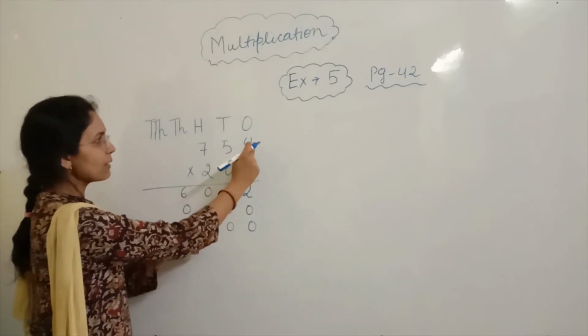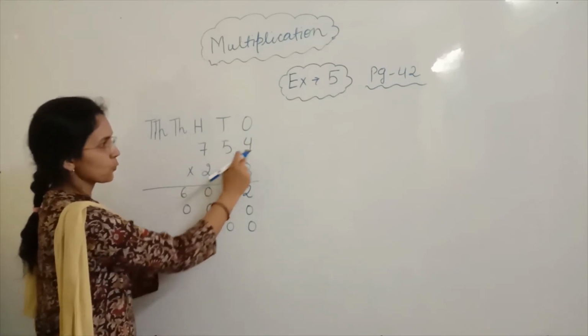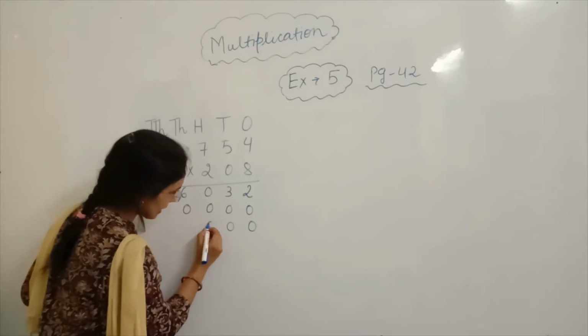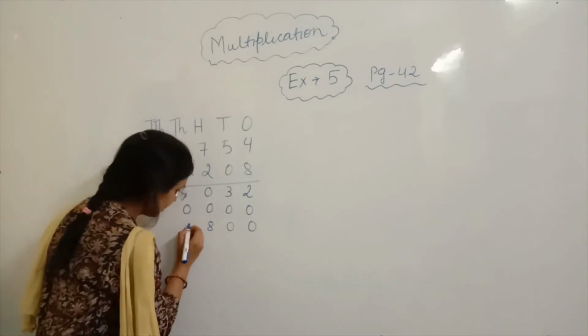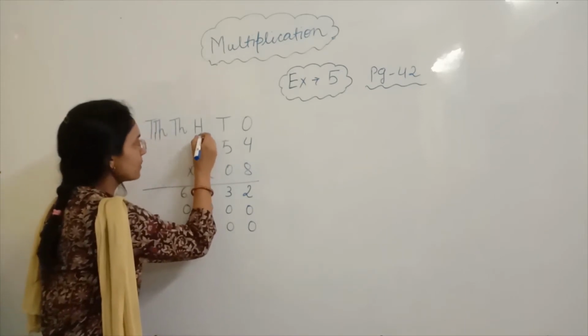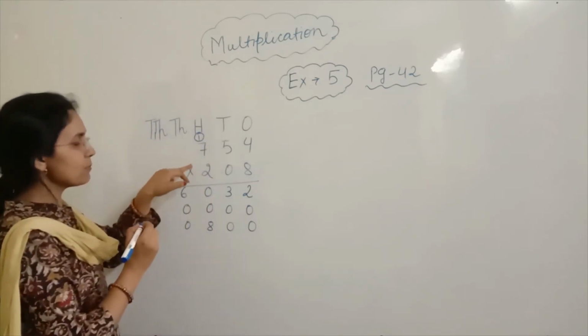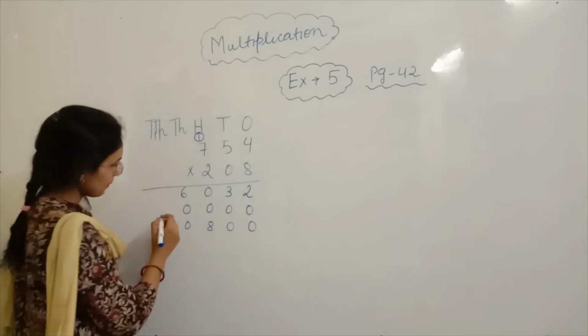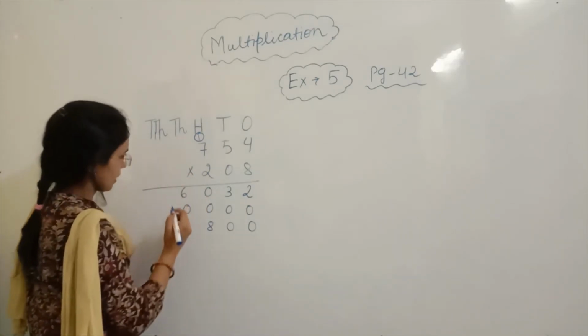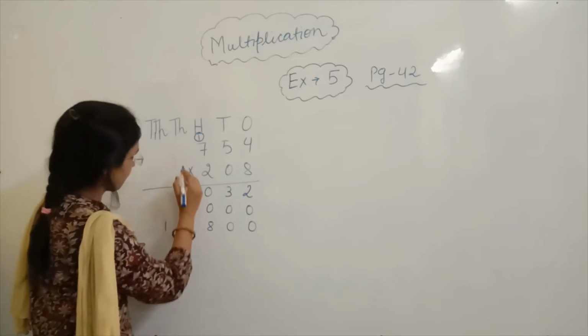So first of all I will multiply 4 and 2. 4 2s are 8. 5 2s are 10. 1 will be carry over. 7 multiplied by 2 will be 14. 14 plus 1 will be 15.